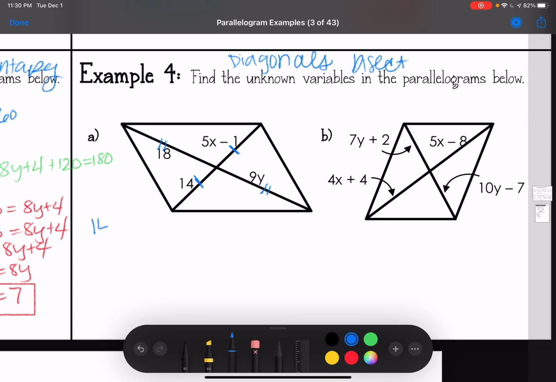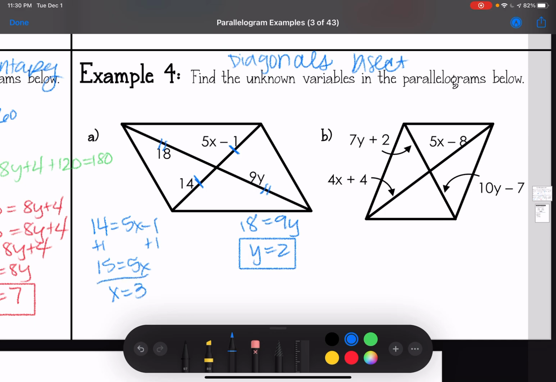So we can set it up as 14 is equal to 5x minus 1 to solve for x, and 18 is equal to 9y to solve for y. You can already tell that y is going to be 2 because, well, we know our multiplication table, hopefully. And then the other one, all we're going to do is add the 1 to both sides, and we get 15 is equal to 5x, meaning x is equal to 3 in this case.